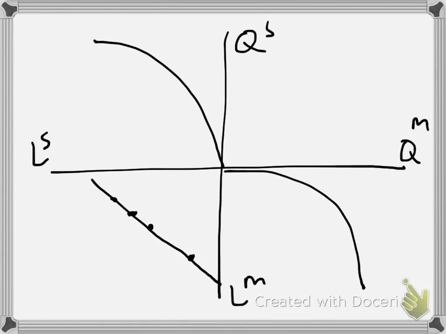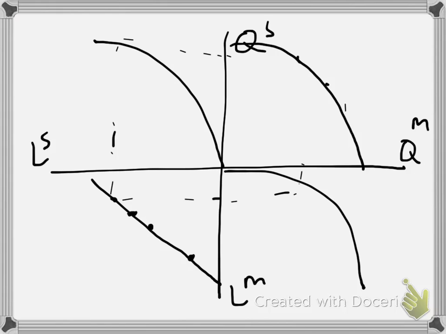If our allocation is here, we go up and see how much soy is produced, and then how much meat is produced, and that's one point on our production possibility frontier. Then we'll have other points, and we'll have a production possibility frontier that looks like that.